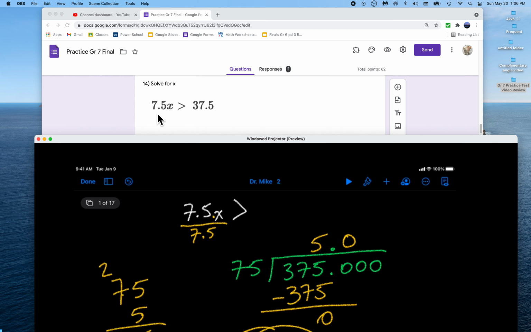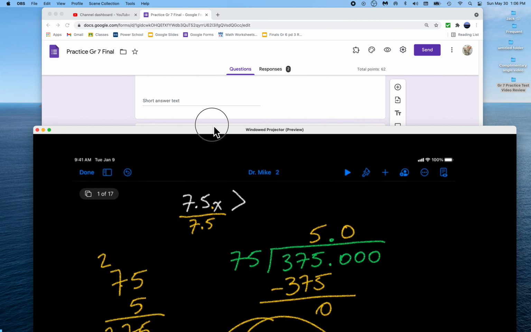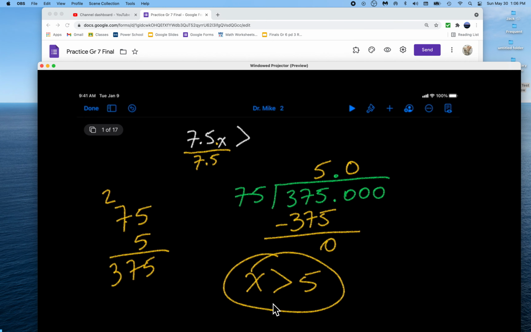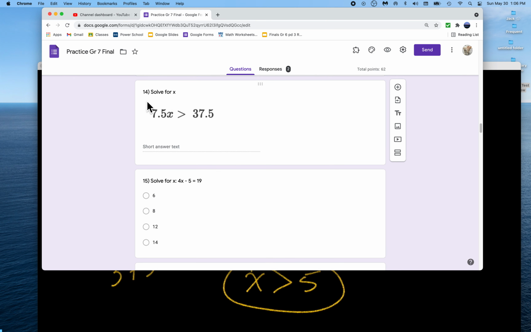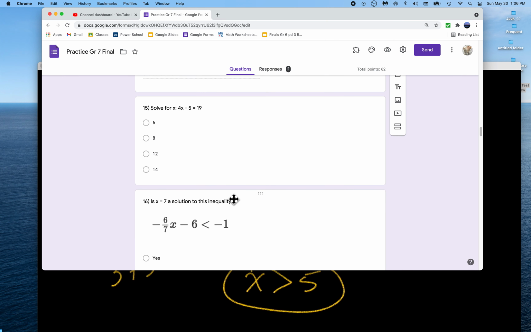Because we were not dividing by a negative, we kept this greater than sign as is, and we divide 37.5 by 7.5, we get 5. So this would be what you would enter on your piece of paper that you would then submit to me. And again, please label it as number 14.